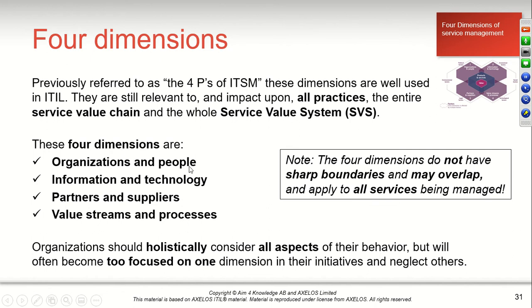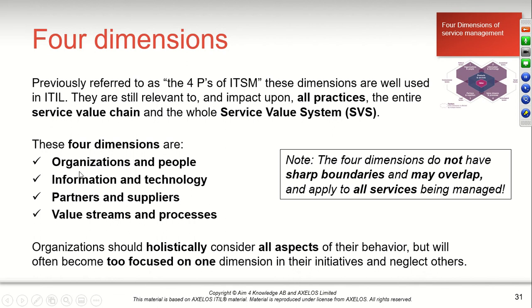These four dimensions impact our service value chain, our services, and all our practices. They are relevant to all processes, all capabilities of a company, all the activities of a company, all the governance. Everything in IT, one way or the other, is affected by these four dimensions.